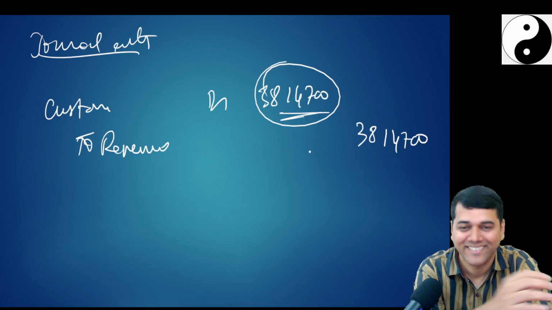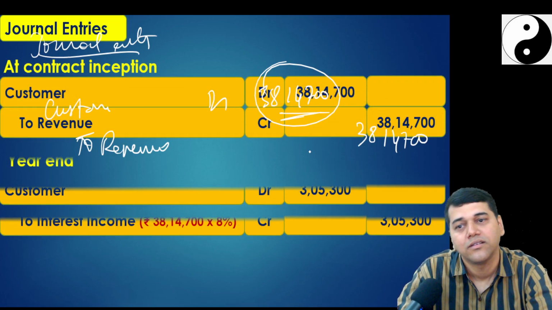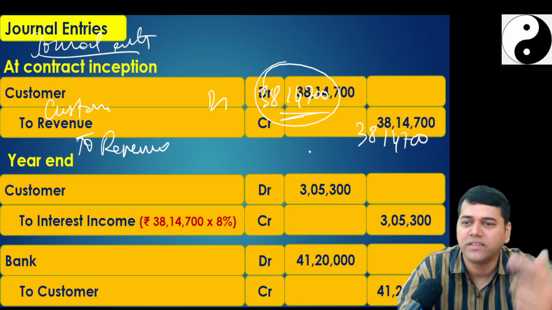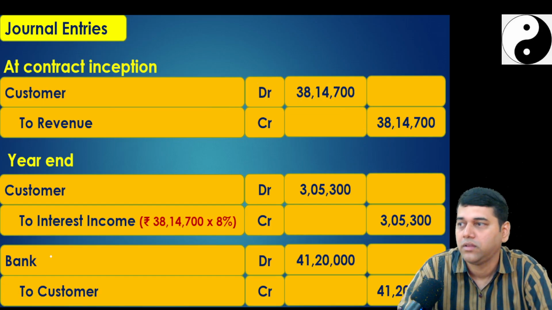Perfect? Yes. So what is the entry at the end of the year? Customer to interest income, or you can pass one single entry: bank account debit to interest income and customer.